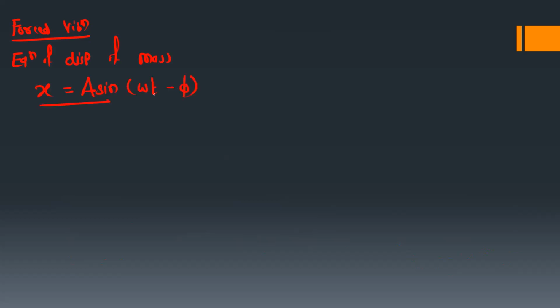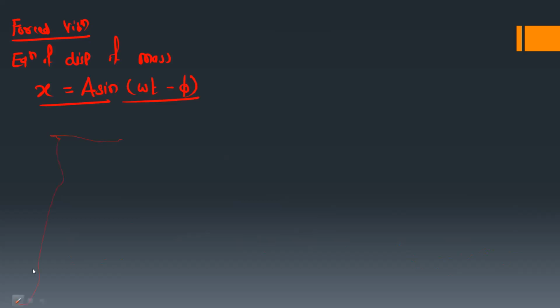So for the forced vibration, the final equation for the displacement of the mass x is x equal to A sine(omega t minus phi). Okay. Then by using this equation, finally, we derived one term which is called the magnification factor.